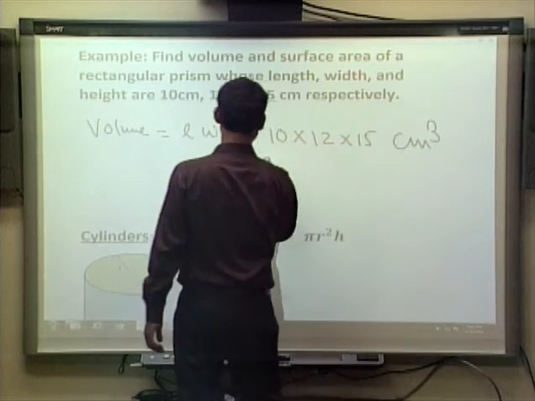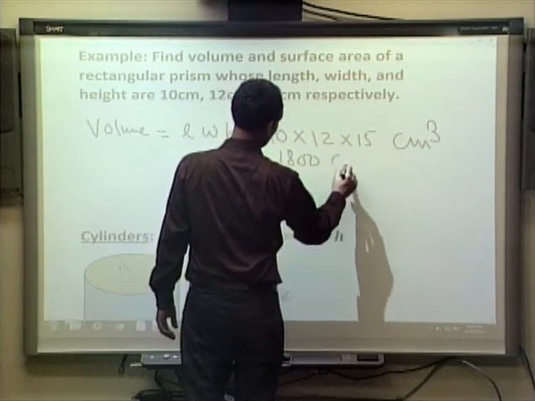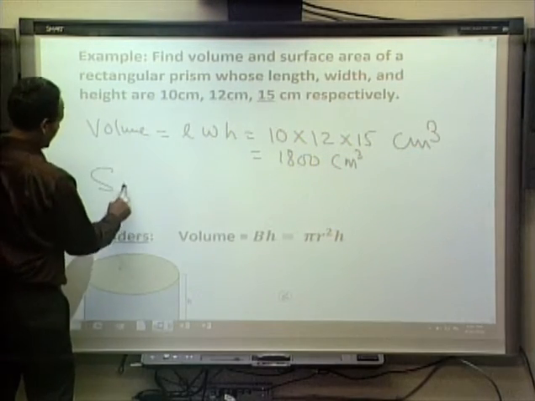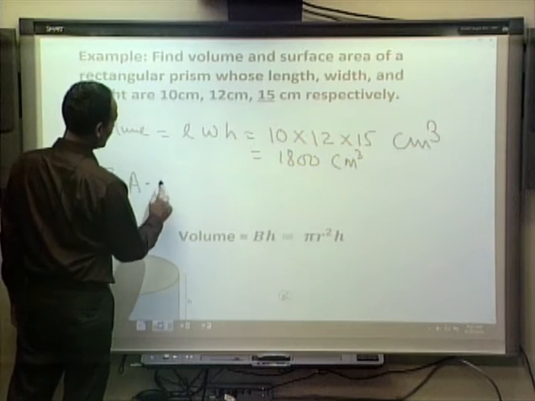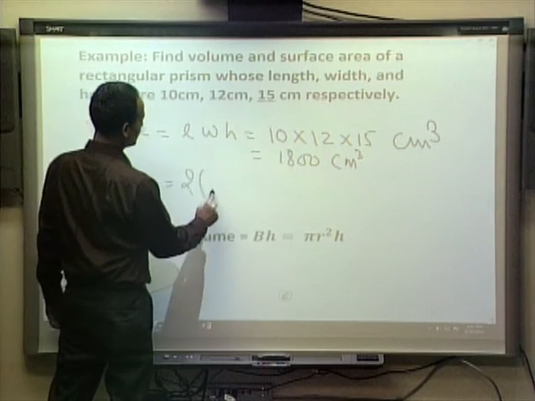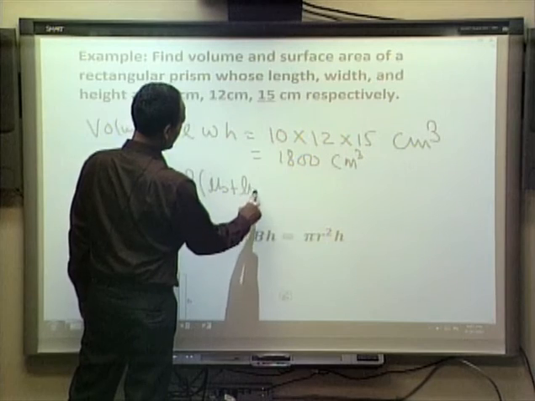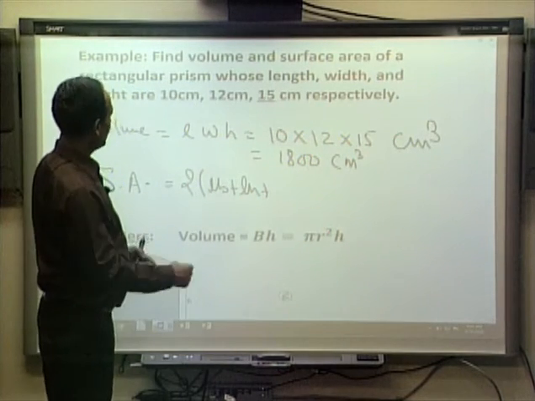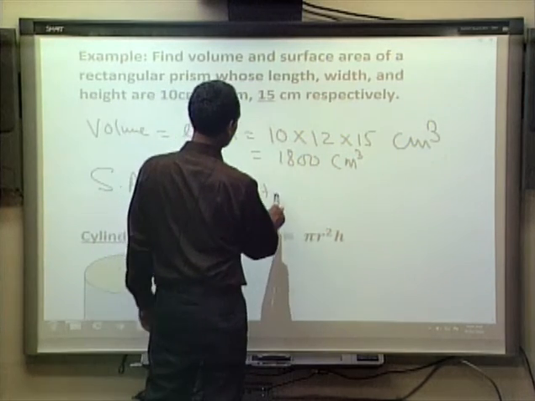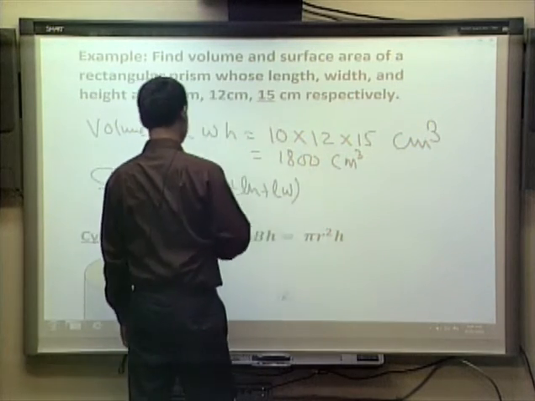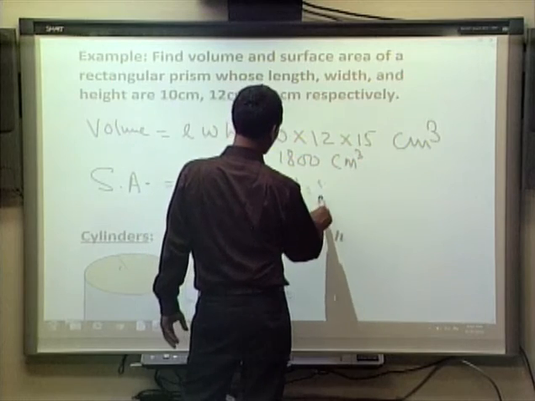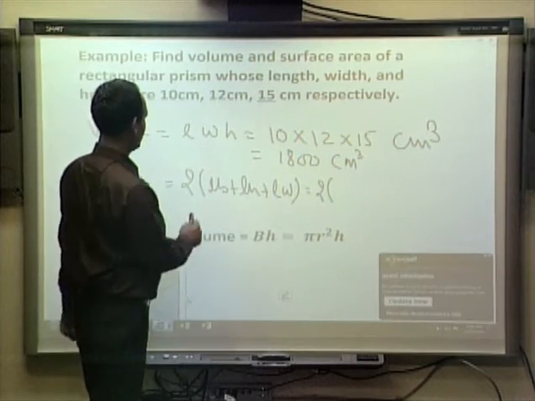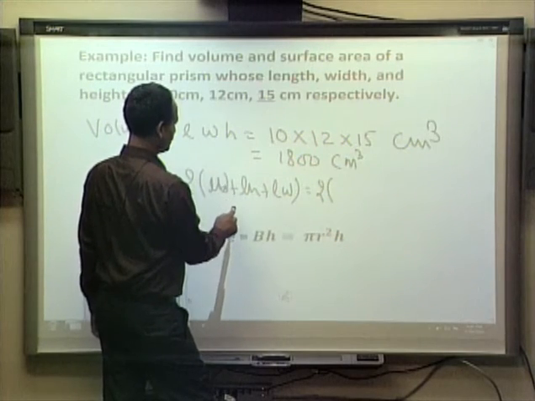So, 1800 cubic centimeter is the volume, and the surface area SA will be equal to 2 times (LB plus LH plus LW).